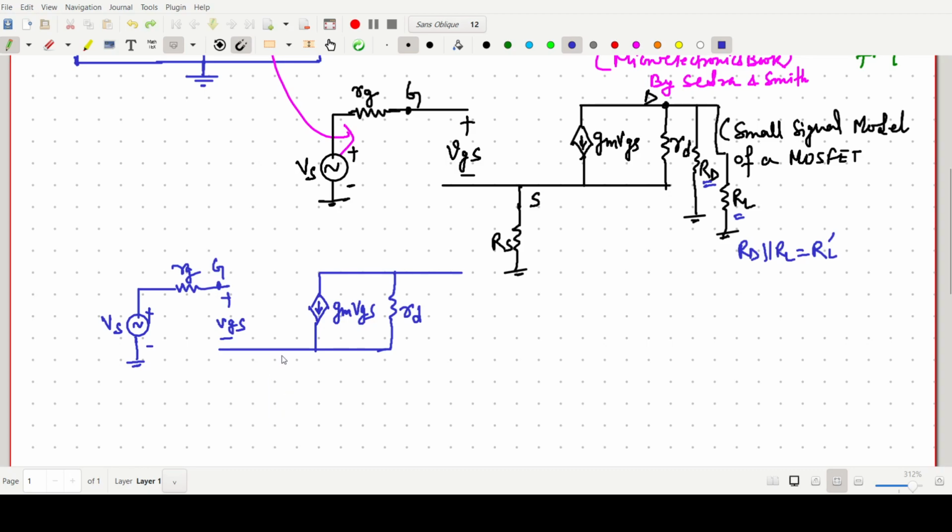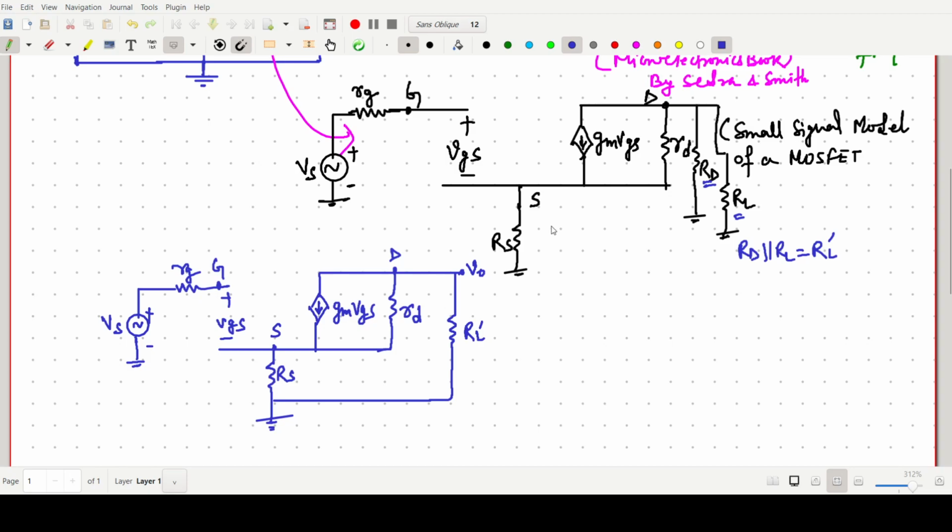So this resistance is our RS, this node is our source node, and this node is the drain node. This node we can modify, and we have to take this one as V naught, and this node is our ground.